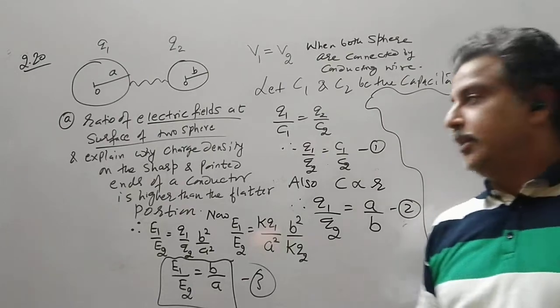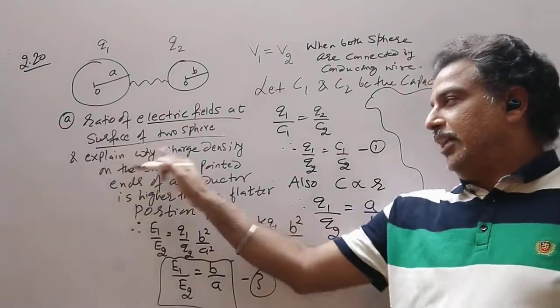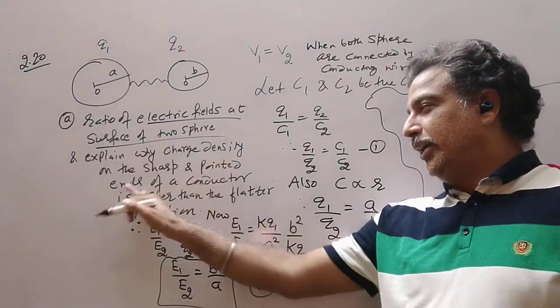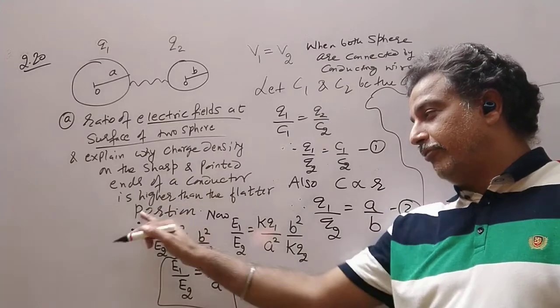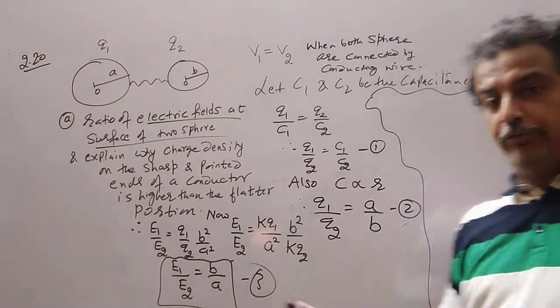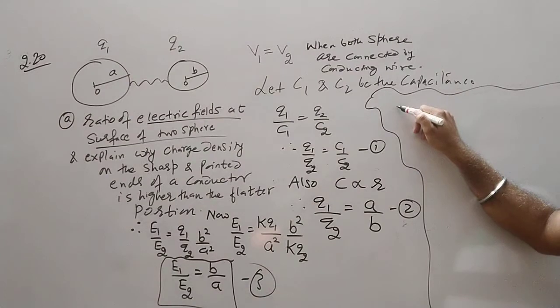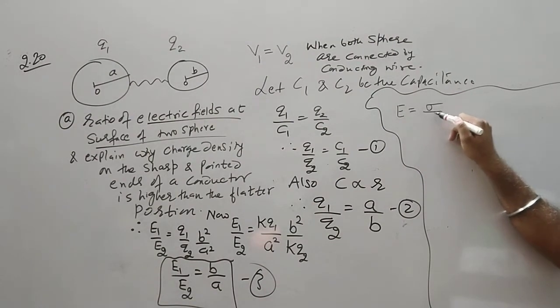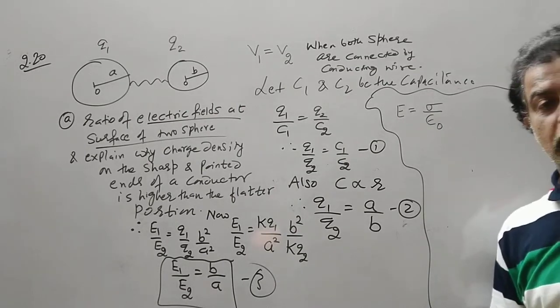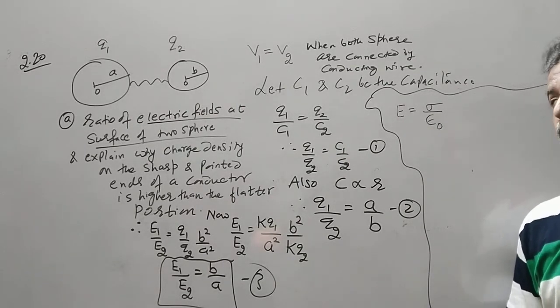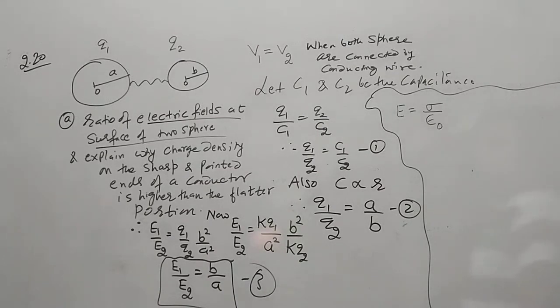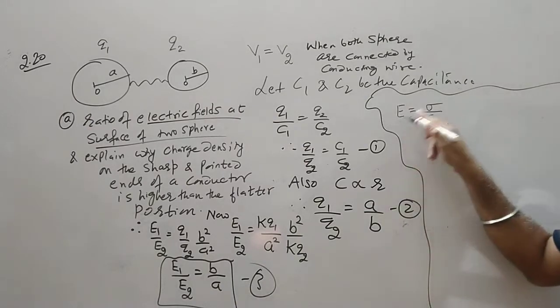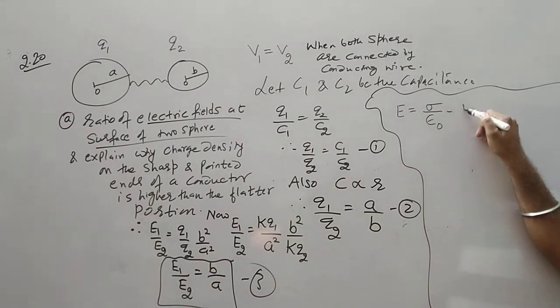Now see the second part. Explain why charge density on the sharp and pointed end of a conductor is higher than the flatter portion. Now before we move on to this, we know that electric field intensity of a sphere is sigma upon epsilon naught. That is what we have seen in chapter 1. So the electric field intensity of a sphere or any conductor is E is equal to sigma upon epsilon naught.